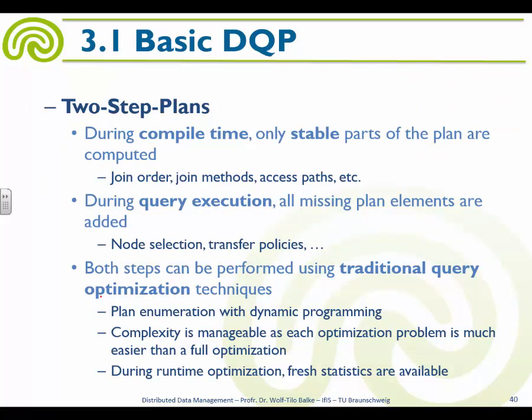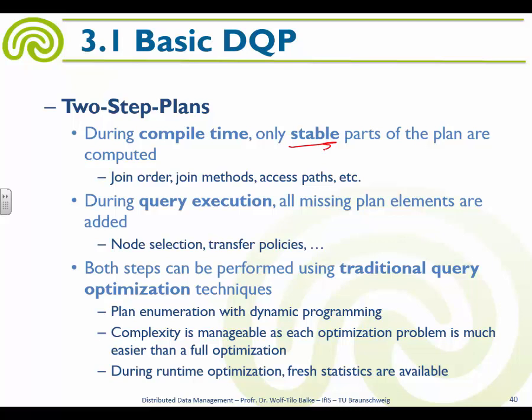Another kind of hierarchical optimization is 2-step plans, right? Where you say, well, I do have a stable part of the query, right? And I do have a part of the query that needs to be changed every time, right? That is rather unpredictable, right?